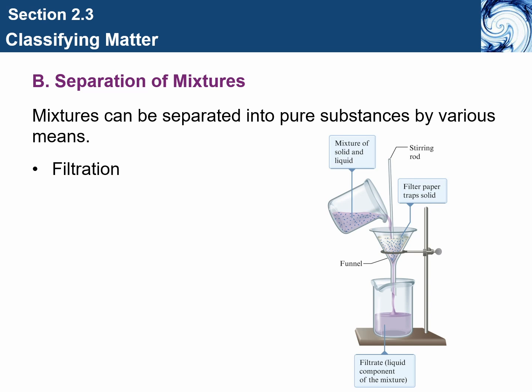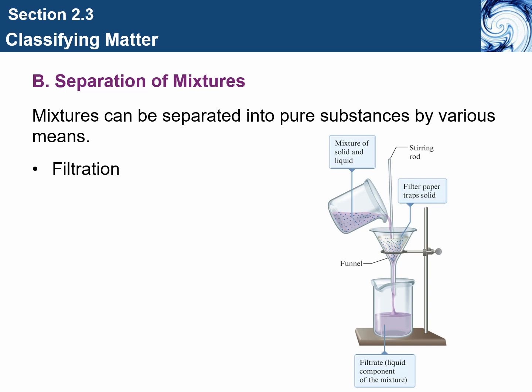Then the liquid passes through the filter and collects in the beaker below. The liquid that passed through the filter is called the filtrate, another vocab word. Filtration works when an insoluble solid is mixed with a liquid. It doesn't chemically change the liquid or the solid, it just separates them based on a physical difference in their particle size and whether material can pass through the filter.